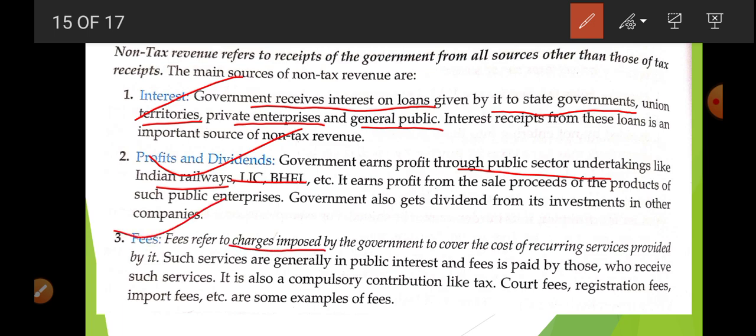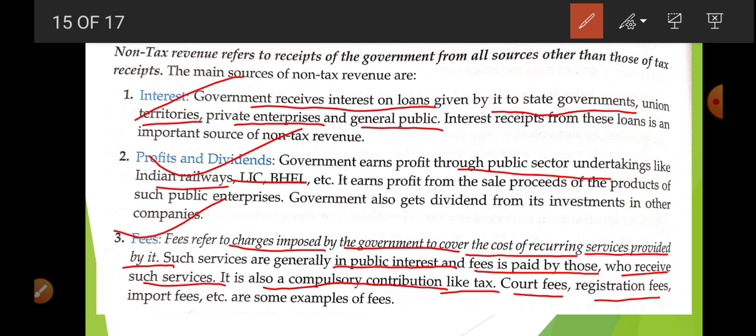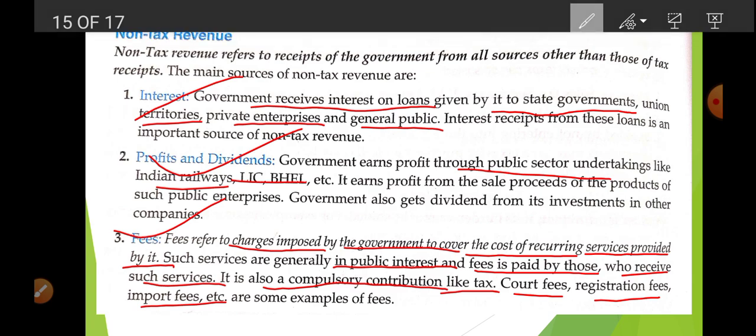Fees refers to the charges imposed by the government to cover the cost of recurring services provided by it, like public interest. Fees are paid by those who receive such services. It is a compulsory contribution like a tax: court fees, registration fees, import fees, school fees. So fees are charged when you are using some services, and these fees become the income of the government.